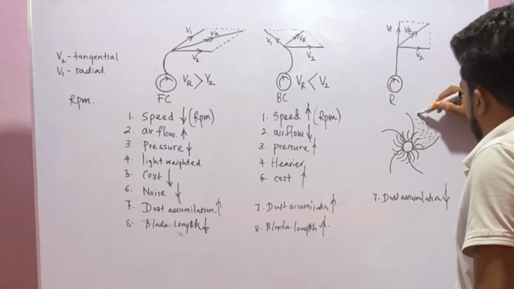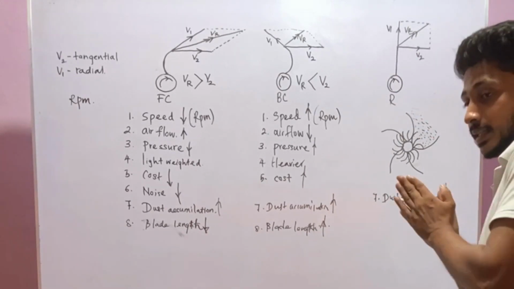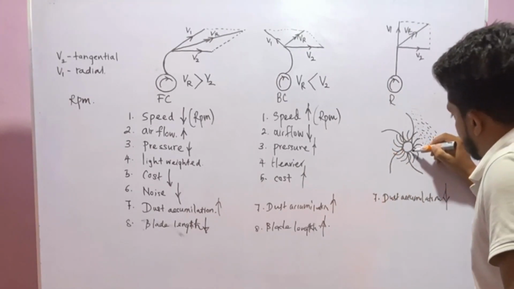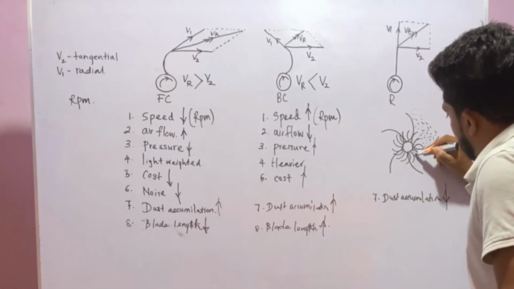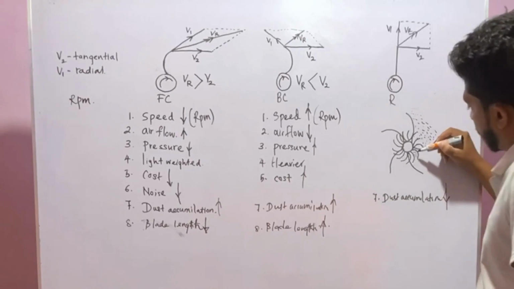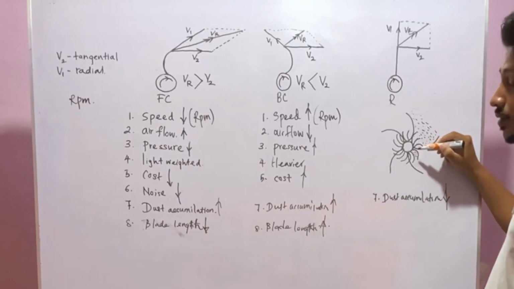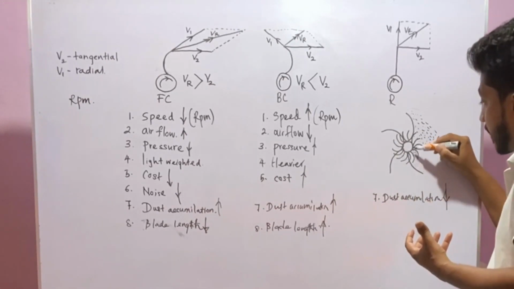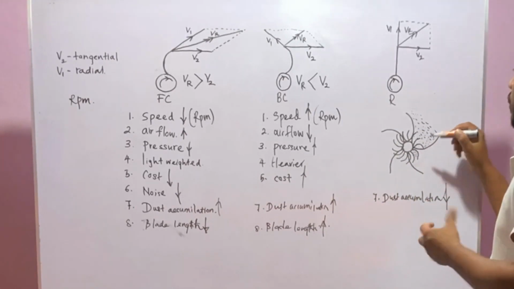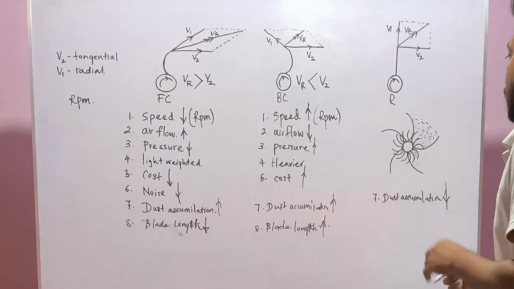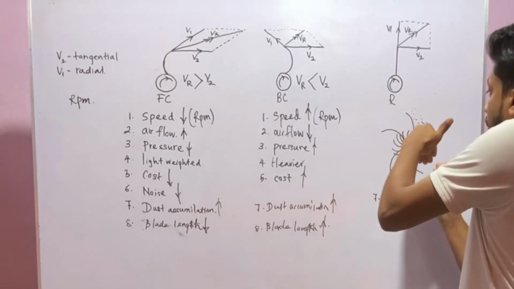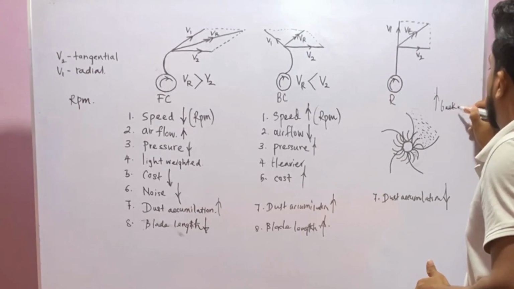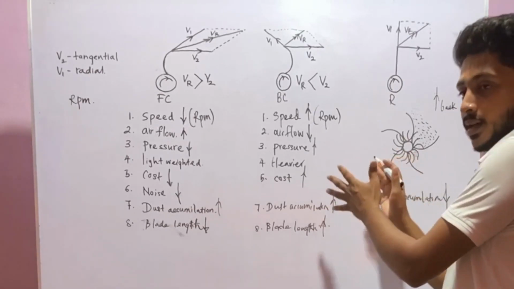But that effect is not much higher in the forward curve fan. Here their cross-sectional area is not increasing very much because they have a less length. So the cross-sectional area between two impellers is increasing in the backward curve fan more than in the forward curve fan.